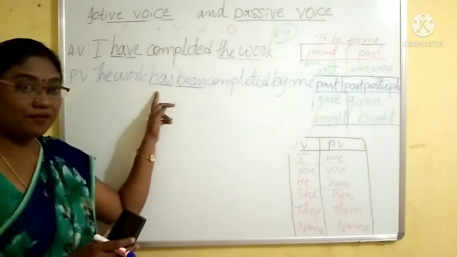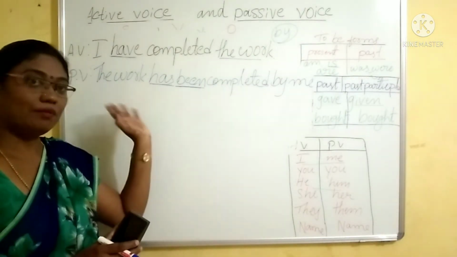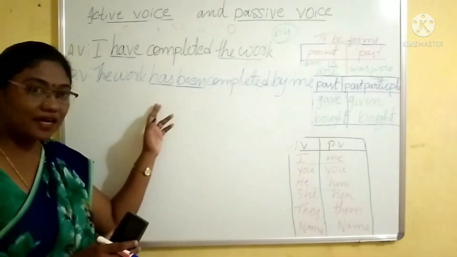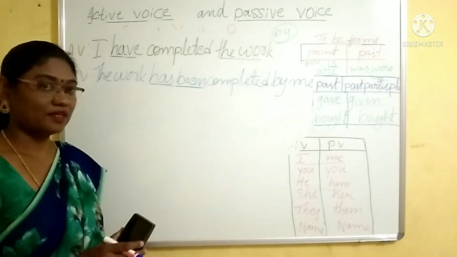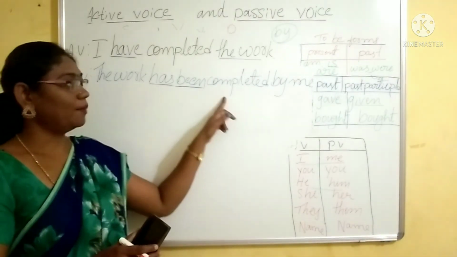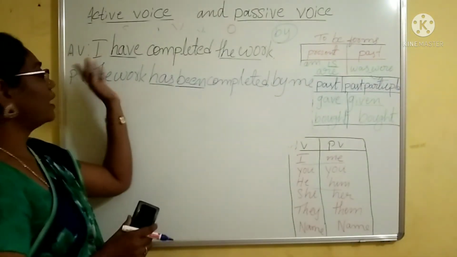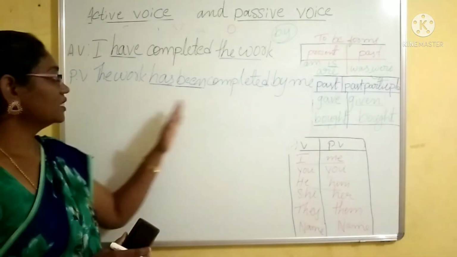If there is have in the place of has, we have to add have been. It will become have been. If there is had, it will become had been. So very simple. The work has been completed by me. By is the preposition, and I will become me.